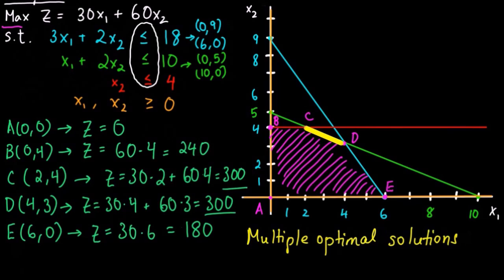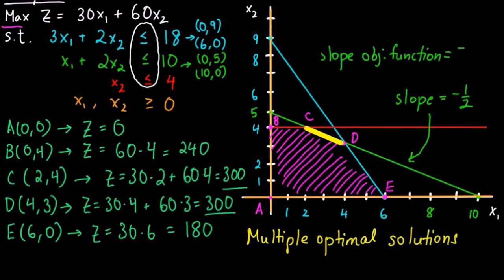And the reason for that is, if you look at this constraint, x1 plus 2x2 is less than or equal to 10, the slope of this constraint is equal to negative 1/2. And if you look at the slope of the objective function, it'll be negative 30 over 60, which is equivalent to negative 1/2.